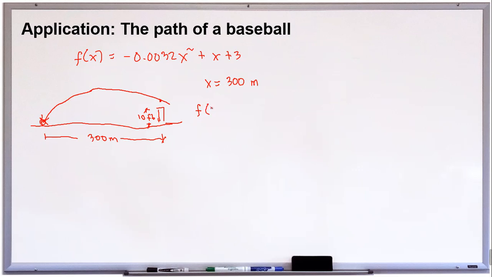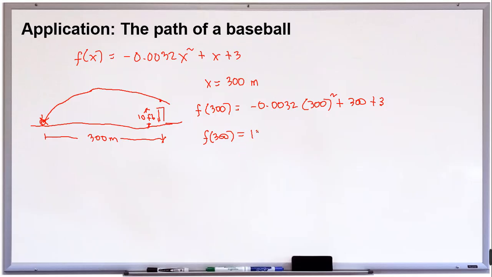So that's f of 300 equals negative 0.0032 times 300 squared plus 300 plus 3. So we have f of 300 is equal to, now I'm going to use my calculator here, that's 15.